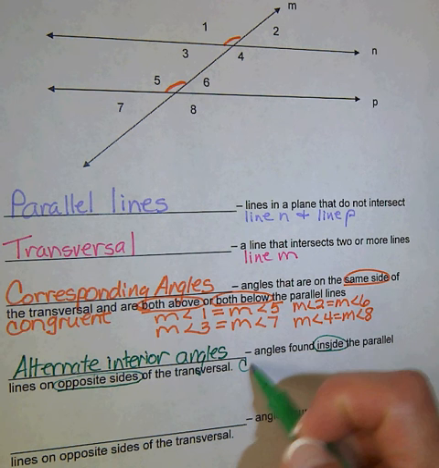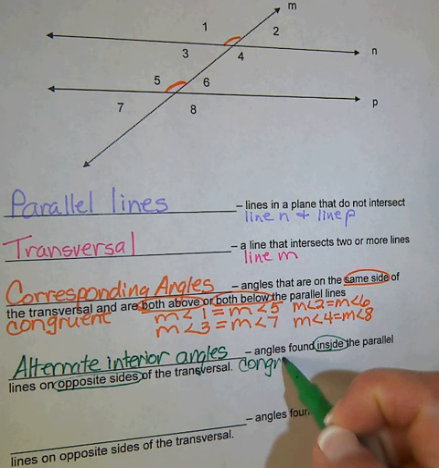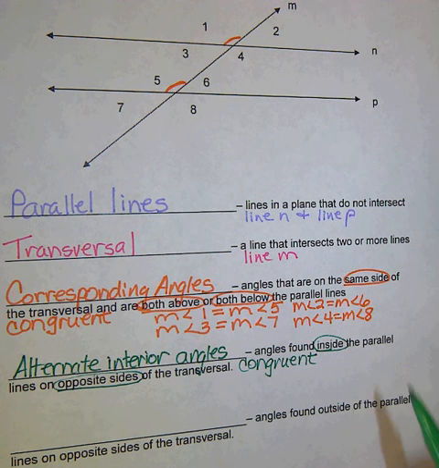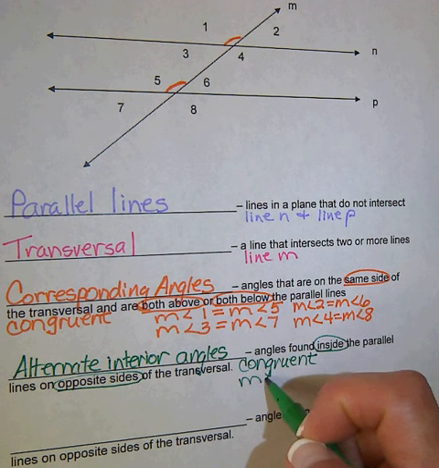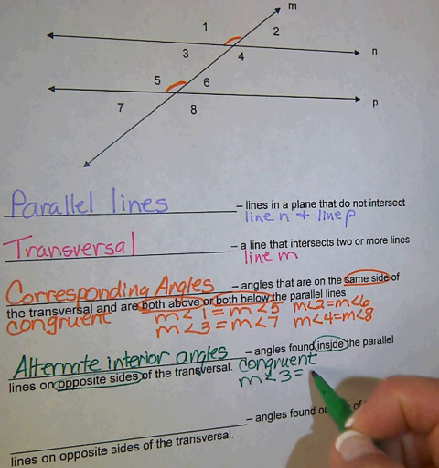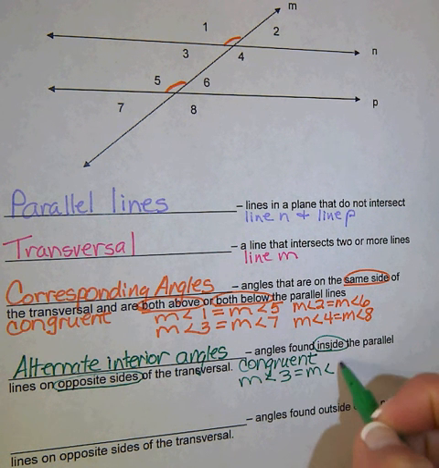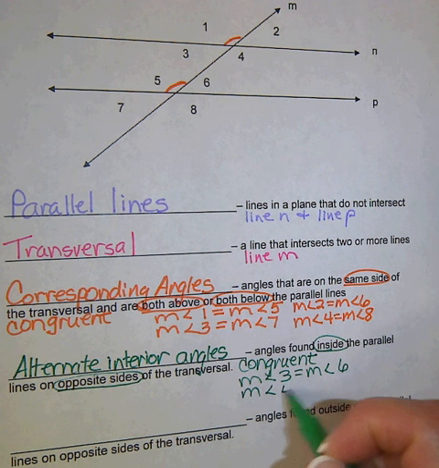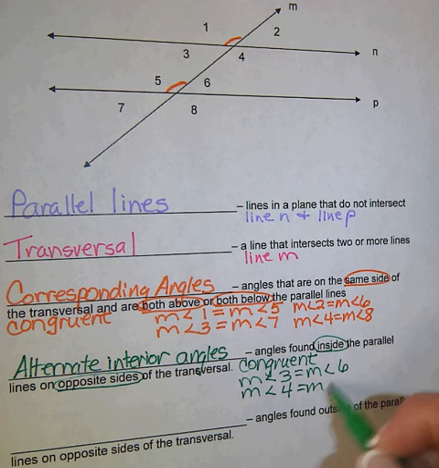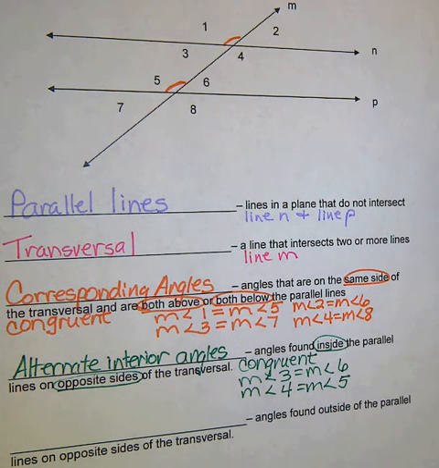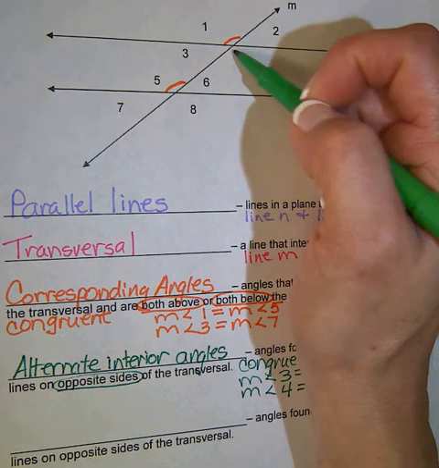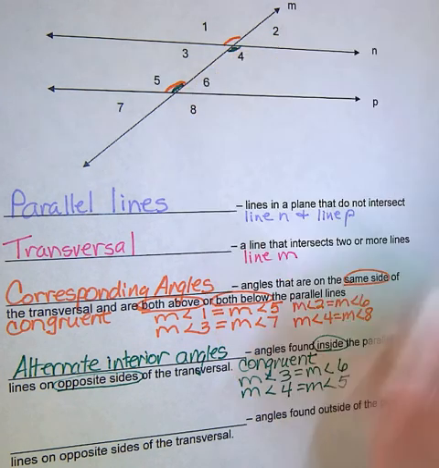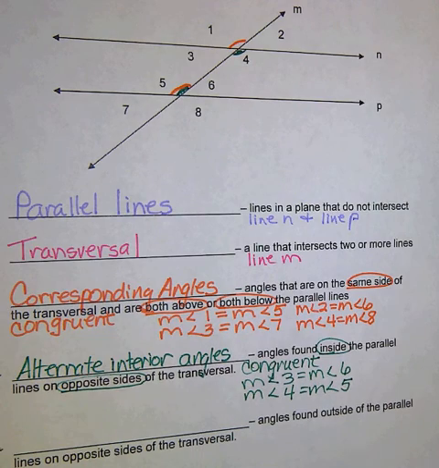These are also congruent angles. So we could say that the measure of angle 3 equals the measure of angle 6. And the measure of angle 4 equals the measure of angle 5. And so as an example, we could say angle 4 and angle 5 are alternate interior angles.